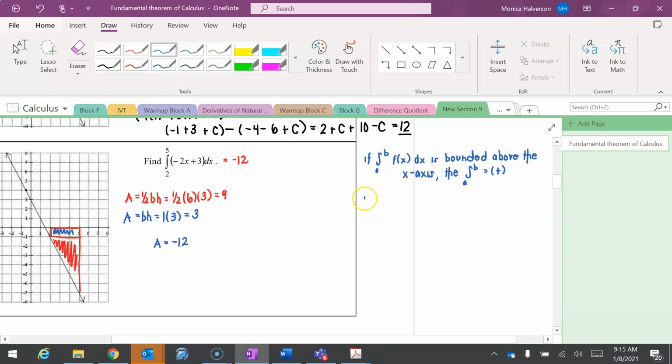And if the area bounded by the definite integral is below the x-axis, the definite integral value would be negative. Very important to remember that.